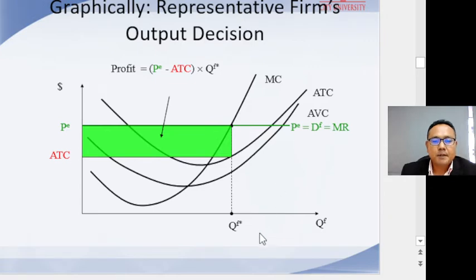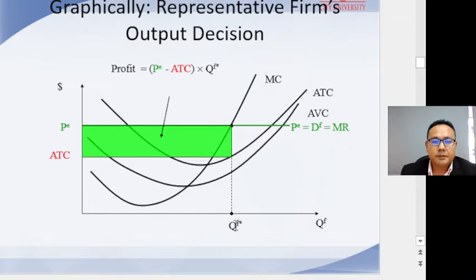As you can see here, profit equals price equilibrium minus average total cost, times the quantity. So as a manager, we must keep our average total cost below the price equilibrium, times the quantity demanded of our firm.